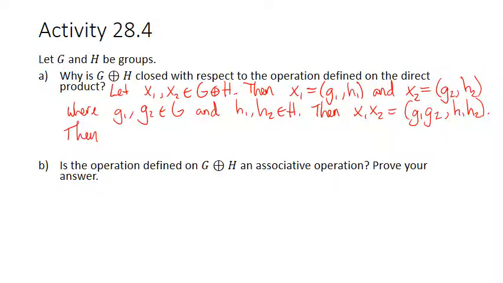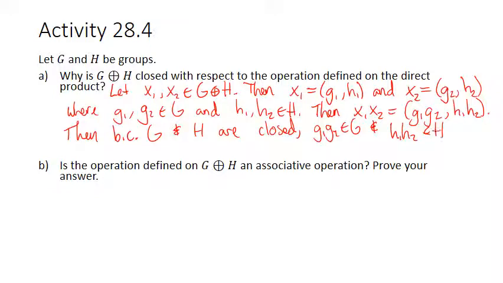Then because G and H are closed, that means that g1g2 is in G, and h1h2 is in H. So that means that X1X2 is in this external direct product of G and H.